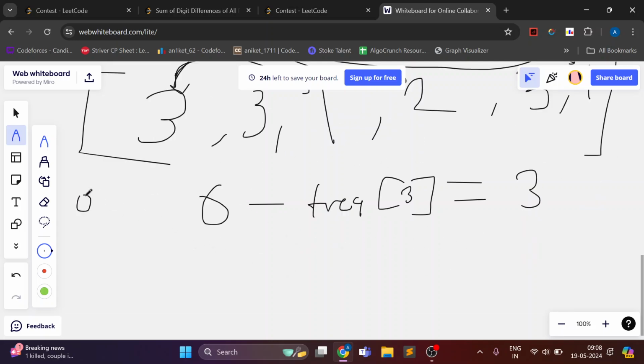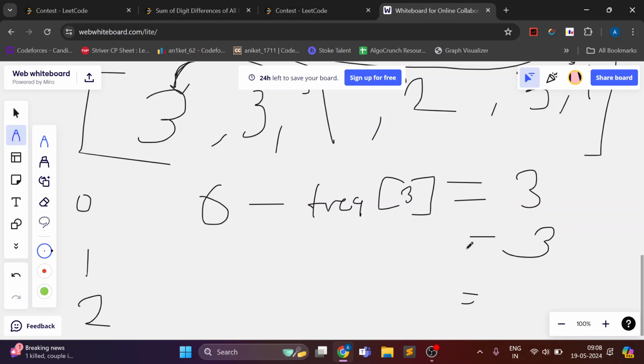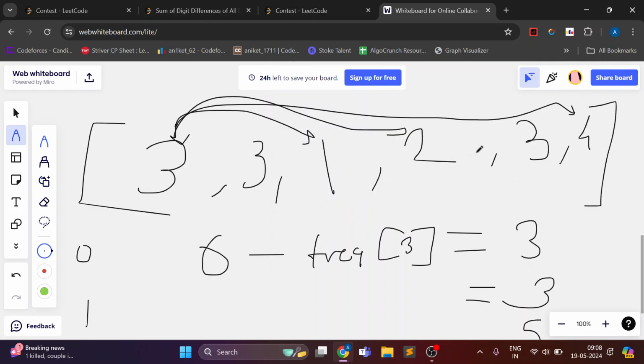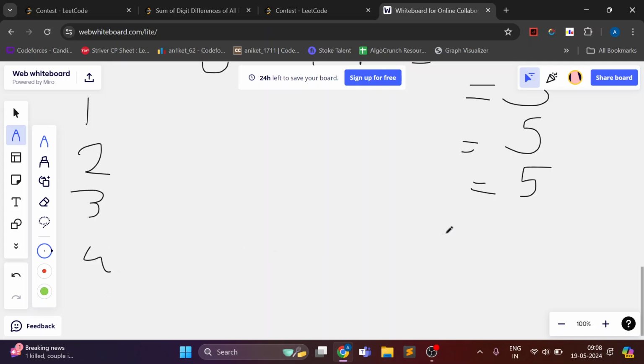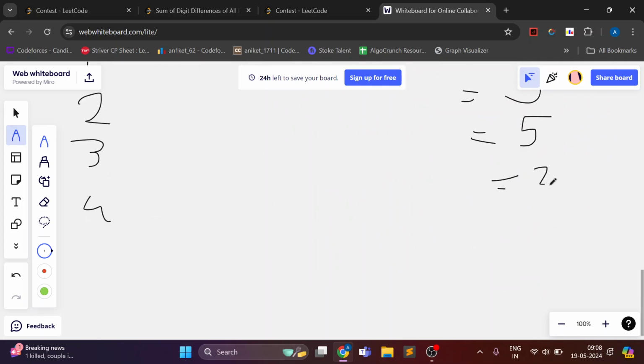Similarly for the first index it will be 3, for the second index it will be 5, for the third index it will be again 5, and the fourth index is 3, so 3 again, and for the fifth index it will be 5.